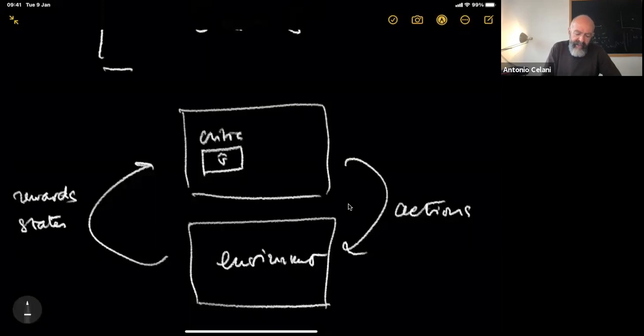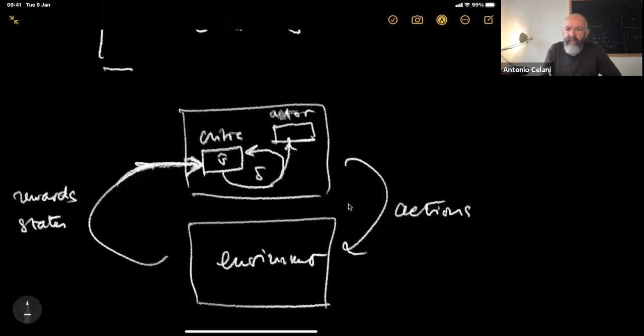And by combining rewards and states and the current estimate, it produces a temporal difference error, which is fed back into the critic. And so far, this would be a critic-only algorithm. Now, what changes here is that this arrow goes also to the actor, which is the new box appearing here. So the temporal difference error is also fed to the actor.